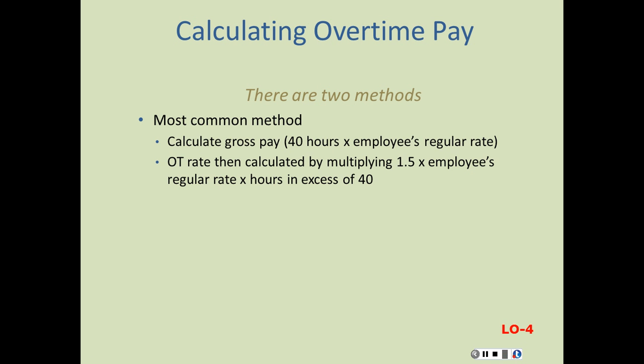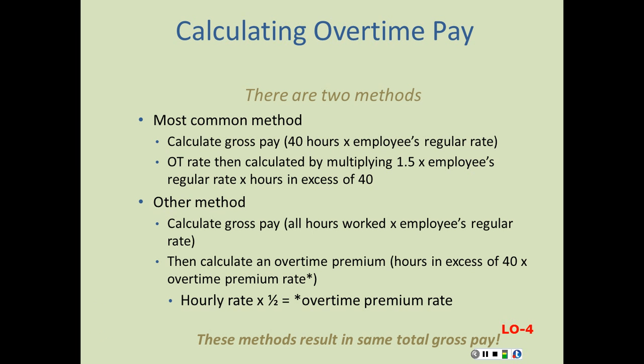This is a common sense way to deal with that issue of overtime. In other words, find the total compensation per hour in the overtime period, which would be 1.5 times the regular hourly rate. Do the multiplication to get the overtime pay and add that to the regular total pay.